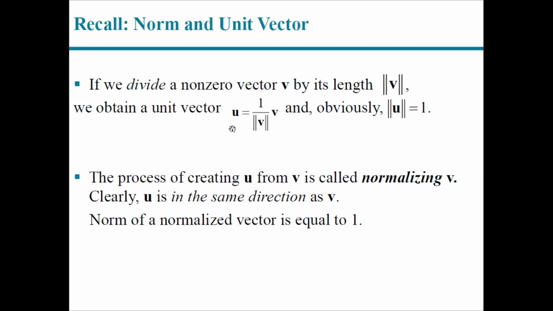The norm of u is 1. This process is called normalizing vector v. So once you normalize a vector, you get another vector u that is of norm 1. This will be useful when we want to get an orthonormal basis. So, just normalizing a vector.